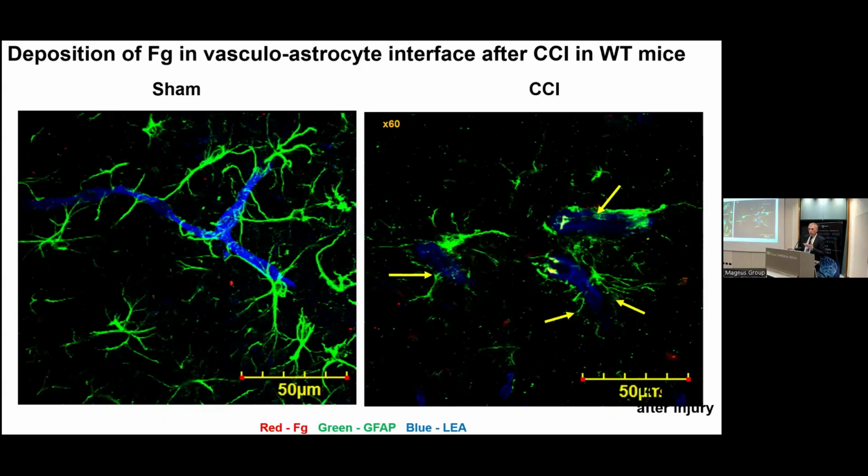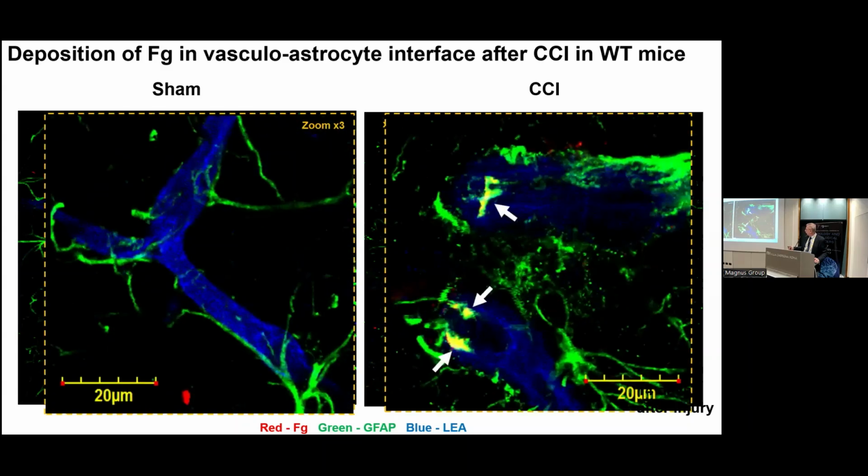What does it do to astrocytes when it goes out of the vessel? We see activation of astrocytes during CCI. Here, let's consider this area, and we see that there is a colocalization of fibrinogen with astrocytes. Astrocyte is depicted with GFAP.